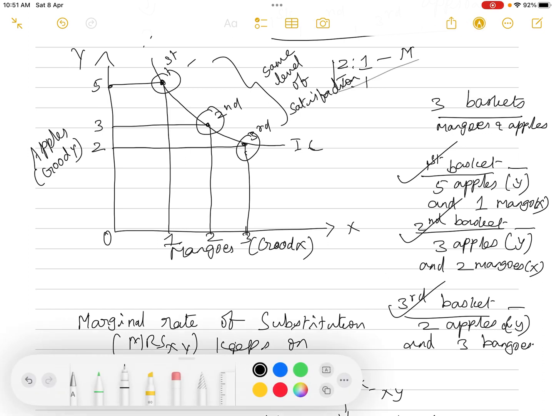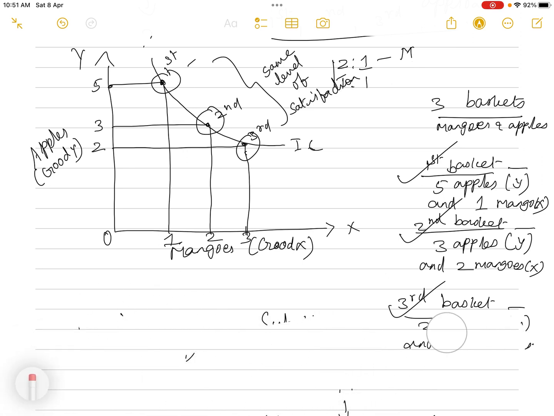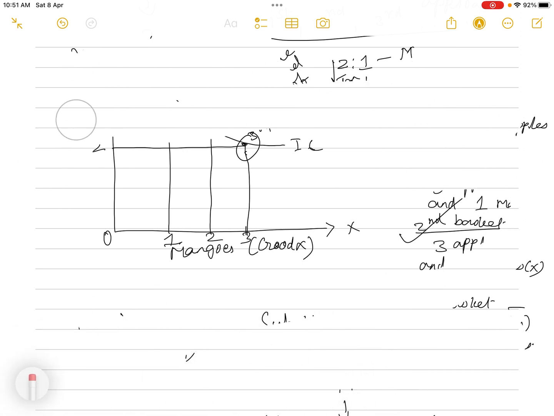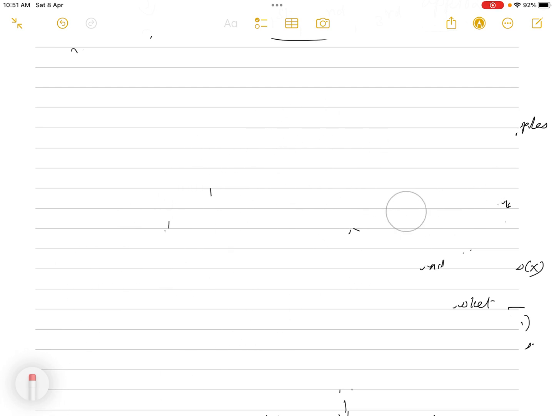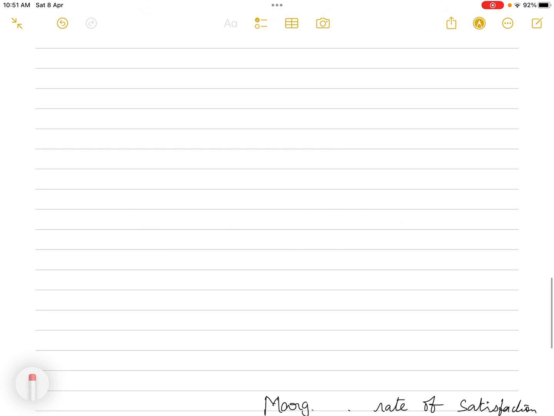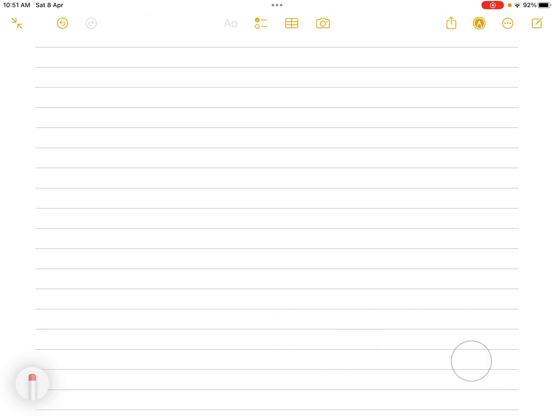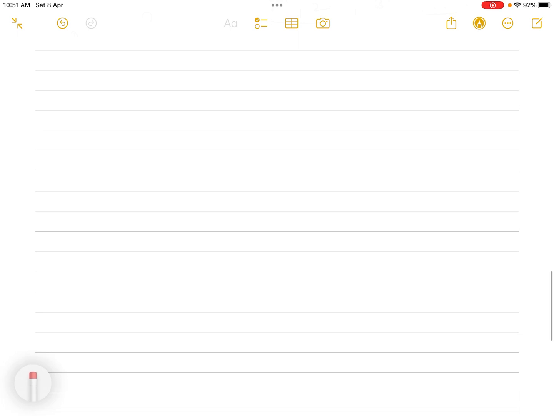Okay, now what is the meaning of indifference map? So let us check out what is the meaning of indifference map. Okay, so the indifference map is a set of indifference curves. See, all these are required if you have to write the answer. A set of indifference curves, that is what is known as the indifference map.